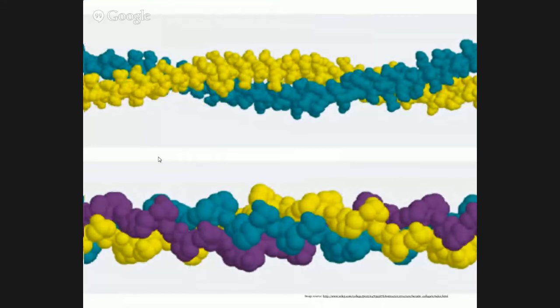This is representing keratin. Now, keratin is a fibrous protein that's found inside these cells, and they're called keratinocytes because they produce a lot of keratin. These two pictures, there's a link down at the bottom, kind of in the very, very fine print, showing you where the picture actually came from. But these are two pictures representing the protein structure of two fibrous proteins.